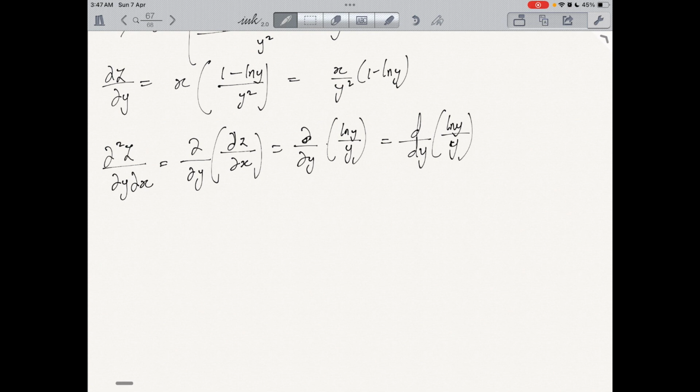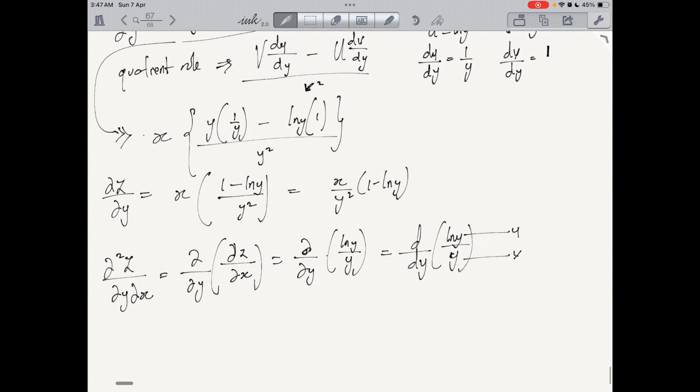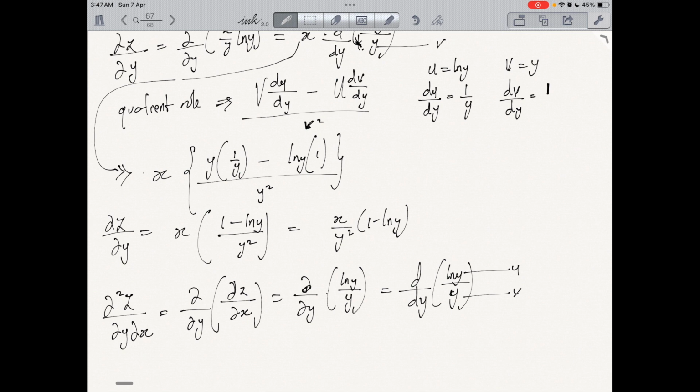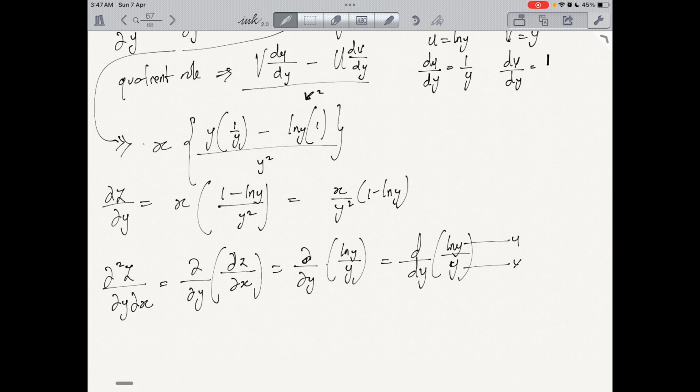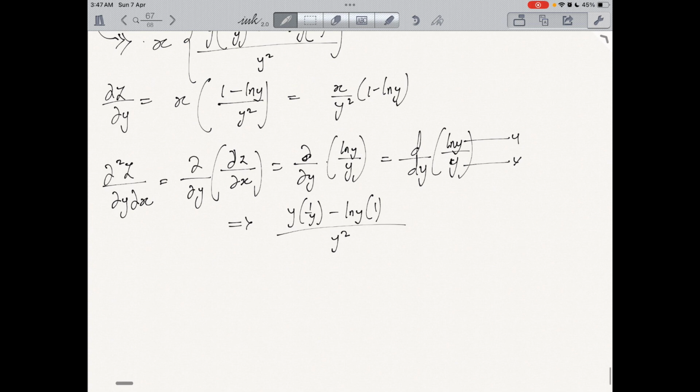So with that done, we say again that this is our u and this is our v, and we repeat the same quotient rule as we've done before, and we can say that this is equal to y into 1 over y minus ln y into 1 divided by y squared, and this is equal to (1 minus ln y) divided by y squared.